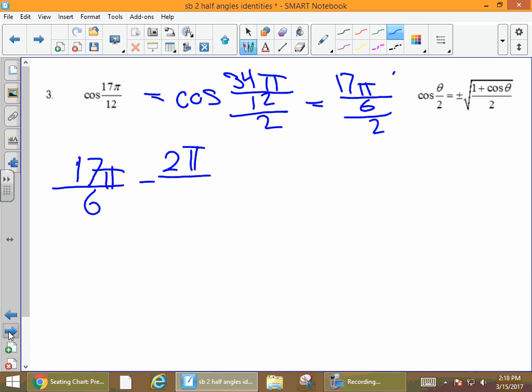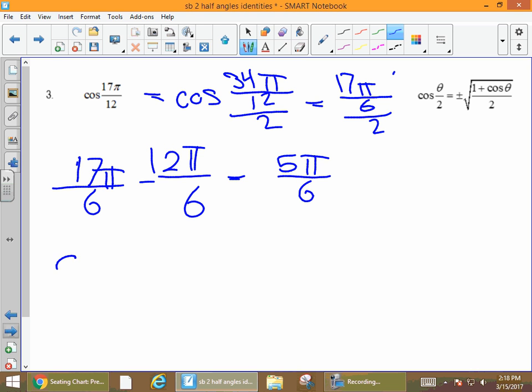But like you said, we need a common denominator. So if we put this common denominator as 6, what do we need to make our numerator? 12. So then what would our coterminal angle be? It's going to be 5 pi over 6.